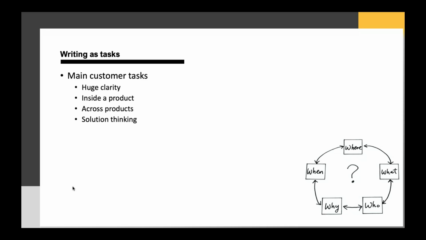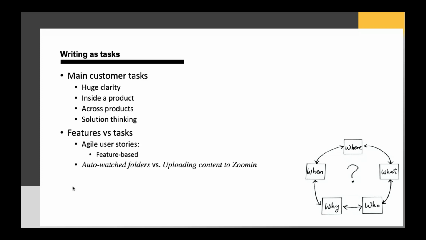But the other thing that you need to consider is that some tasks traverse products. They run across different products. And that's why you have solution thinking coming in, okay? So some products, and that's typical, that's usual, okay? You also need to think about the fact that many companies now are working in an agile process. They've got their user stories, they've got their sprints and so on, and they're very feature-based.